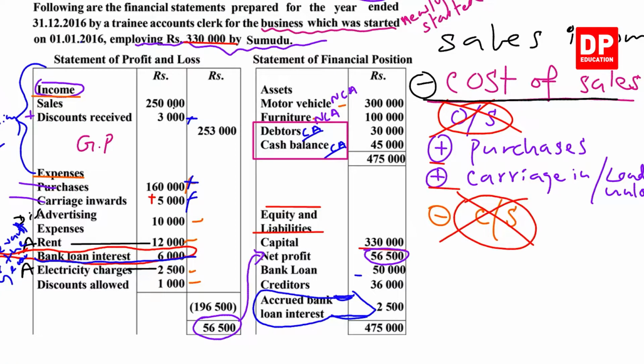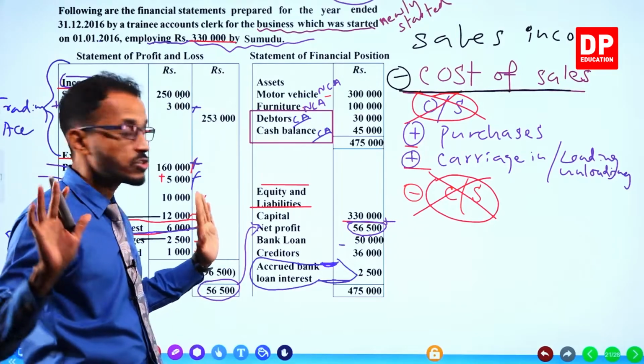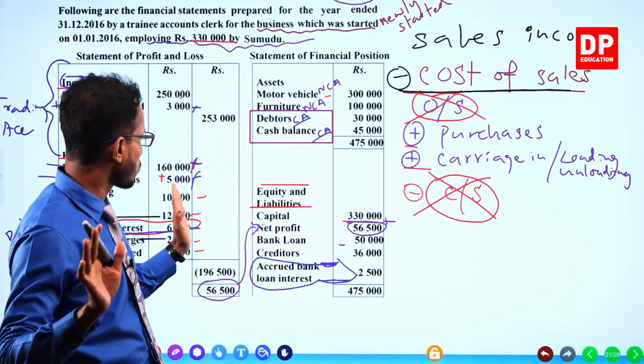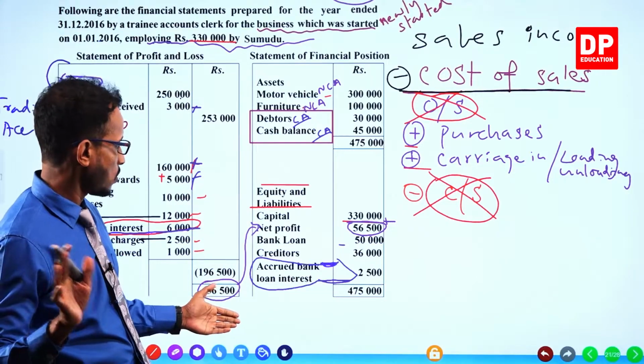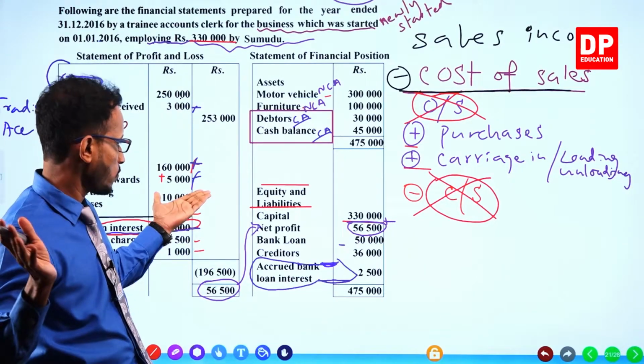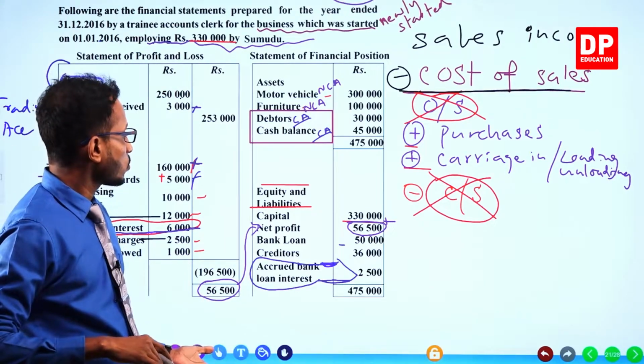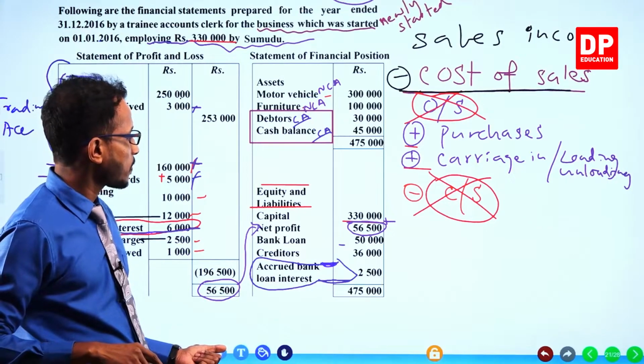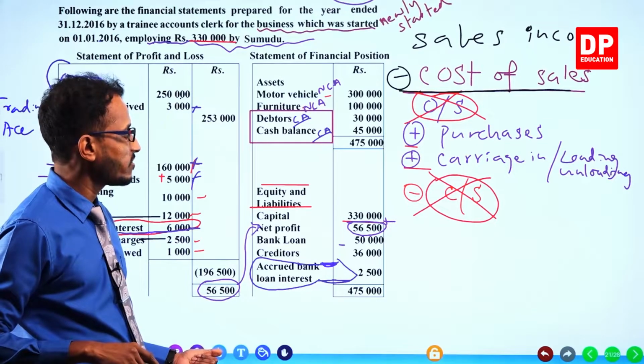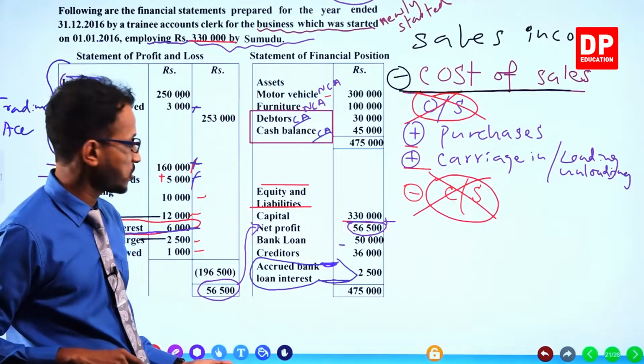56,500 plus 330,000. No drawings to decrease capital. There are no drawings given. No, we can't see any drawings, right? No drawings. So 330,000 plus 56,500. How much?